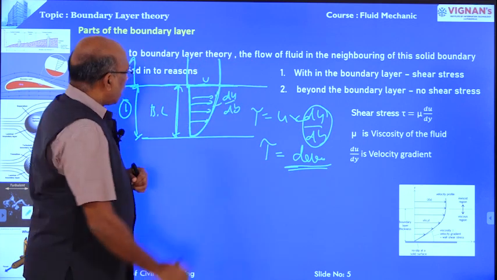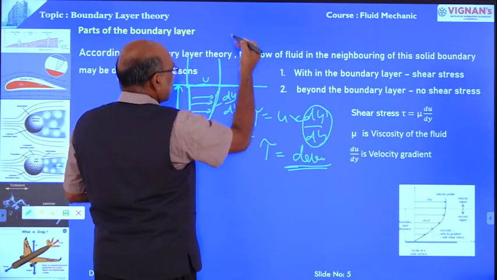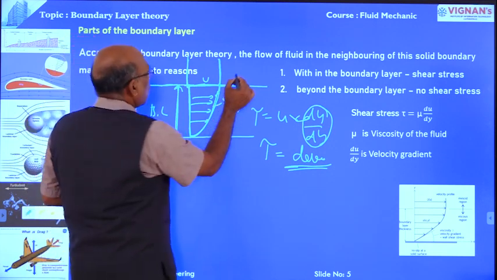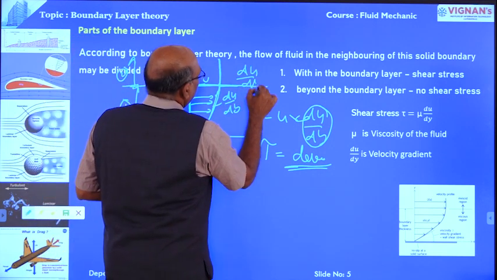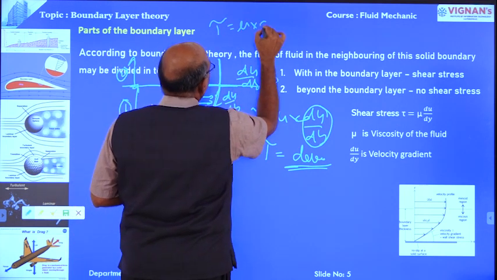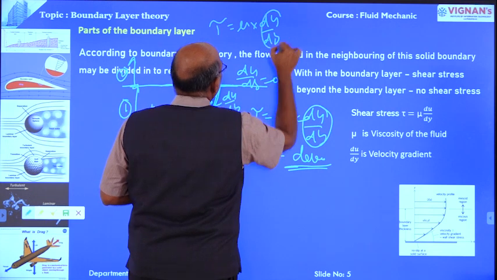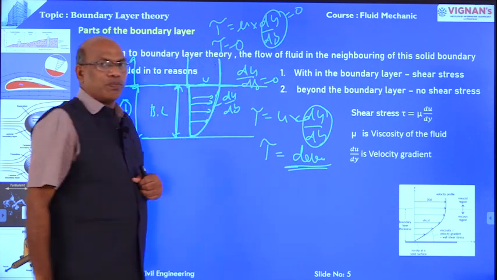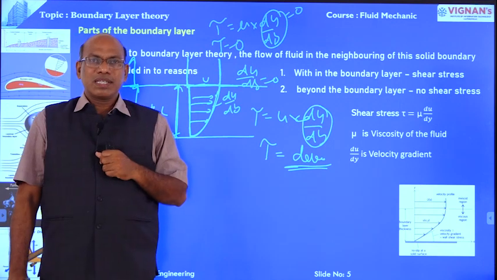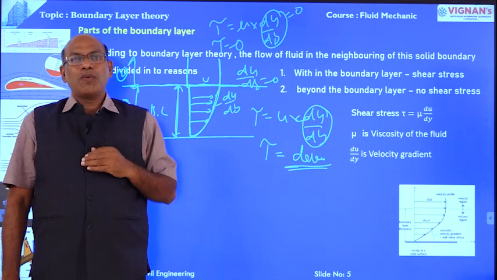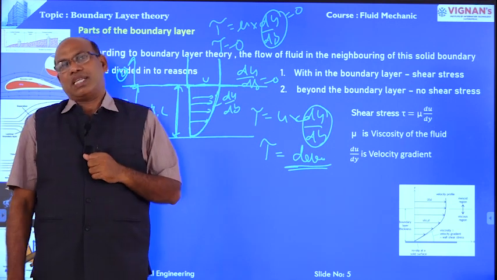Beyond the boundary layer, there is no change in velocity. Automatically, du by dy is equal to 0. Therefore, shear stress, which is mu into du by dy, is equal to 0. There is no shear stress above the boundary layer. Below the boundary layer exists the shear stress.